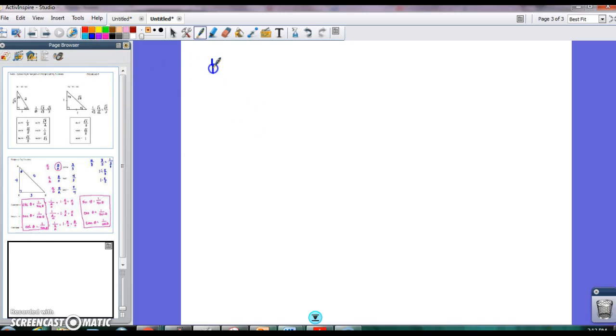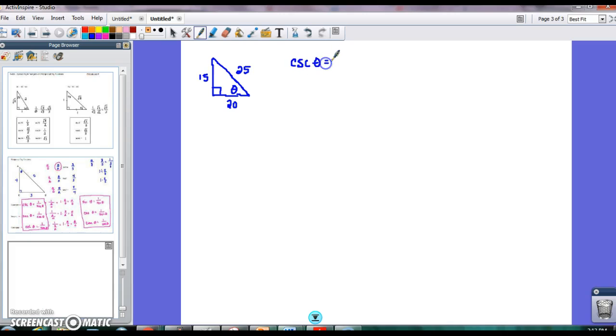Let's say I just gave you this triangle, and here's theta, and I gave you 20, 15, and 25. And I said, tell me what the cosecant of theta is.